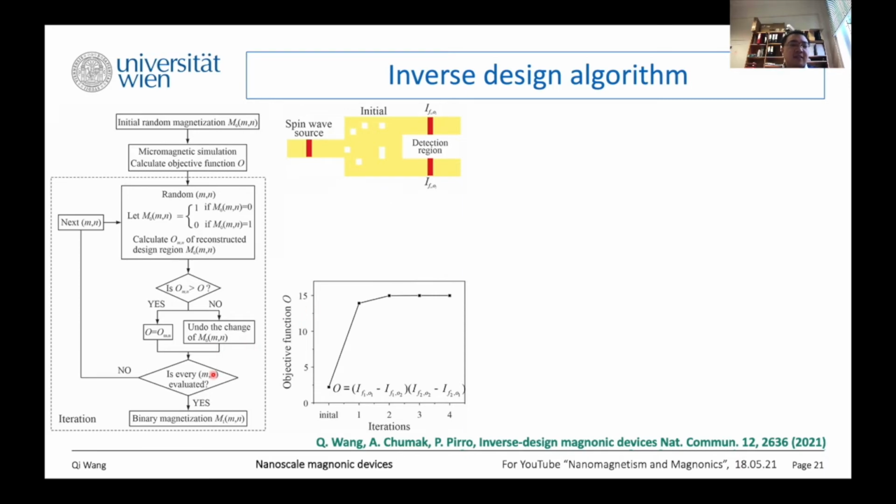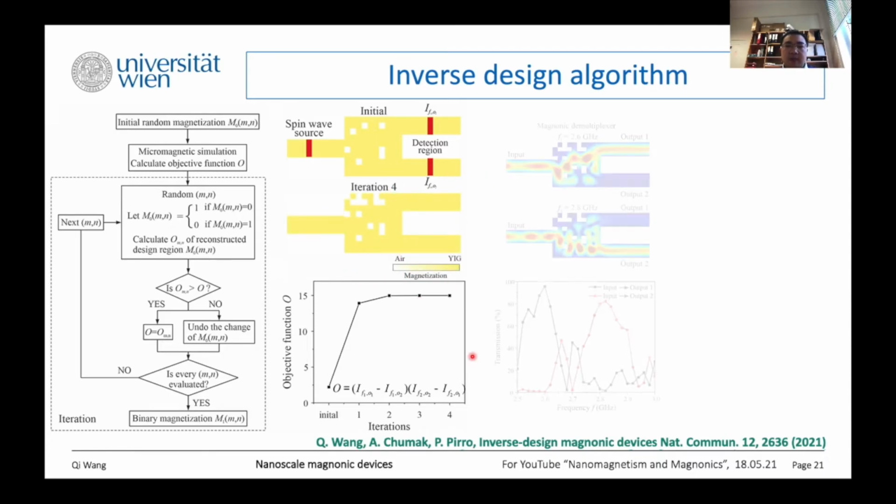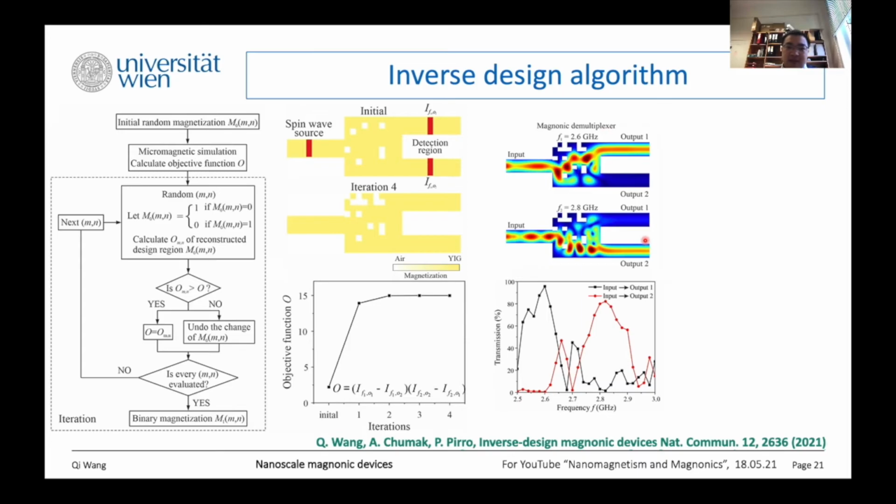This is one iteration. After 3 iterations, from this picture, it's almost saturated. Here is the final result given by the computer. For 2.6 gigahertz, we can nearly say all the energy goes to the first output, and for 2.8, all the energy goes to the second output.